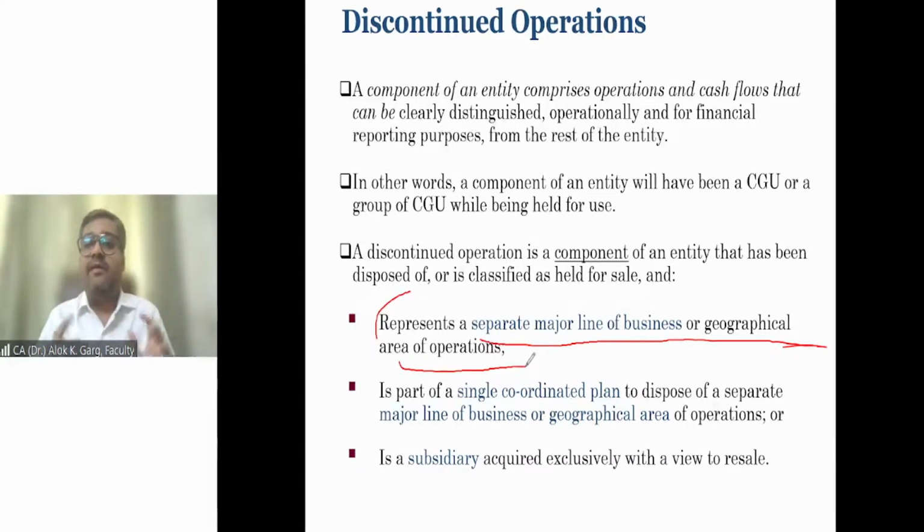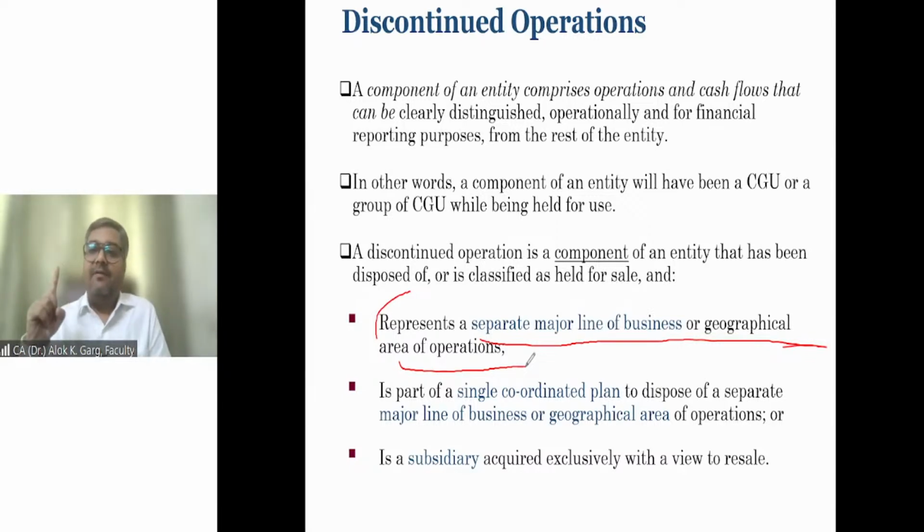Then the third buyer told me to please discontinue my business in Delhi, take a premium from him, and not do this business in Delhi. I can do this business in any other geographical area, but not in Delhi NCR. So that is a discontinued operation, which includes a disposal group held for sale.